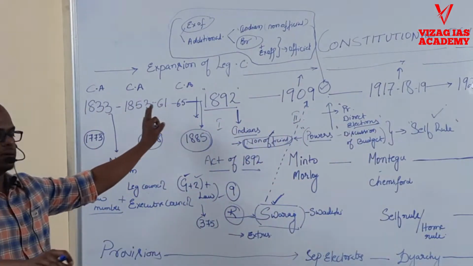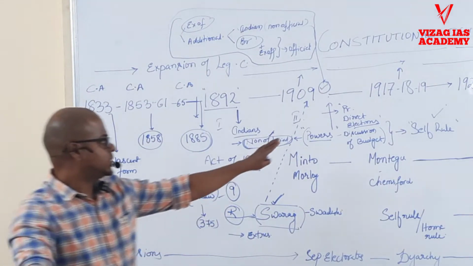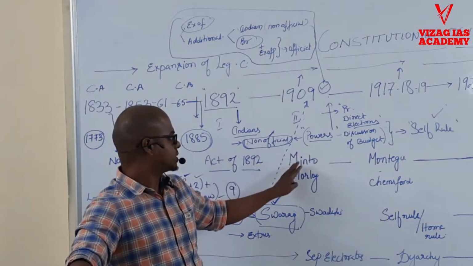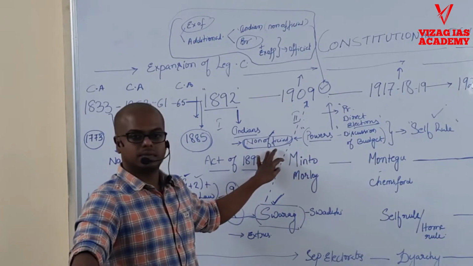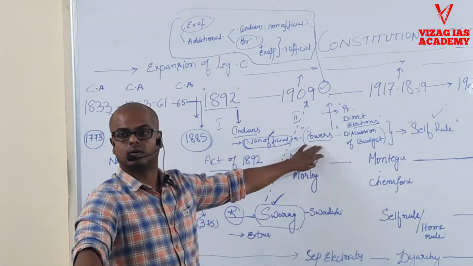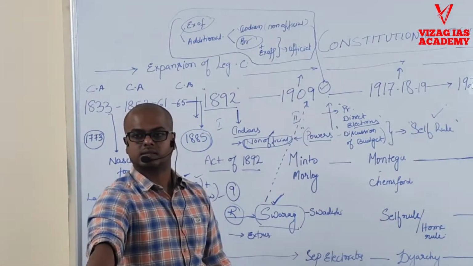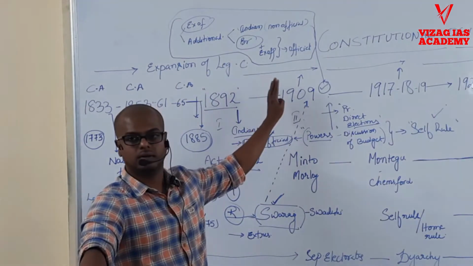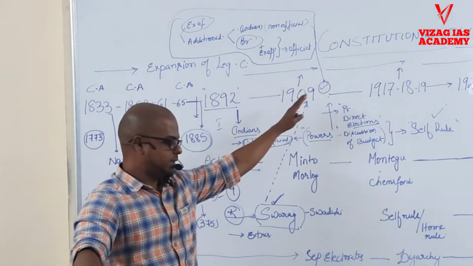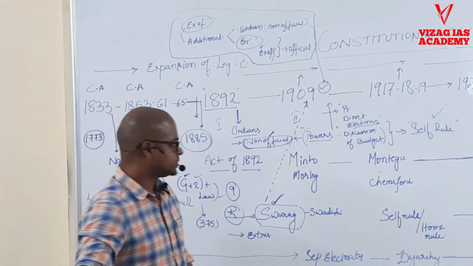So prior to this, it is either indirect elections or through nominations. So here we will see these changes with respect to these three: non-official members increase, certain powers will also be increased for the non-officials or the legislature, and there will be the principle of direct elections. So that is the response, in the constitutional line of development, to the nationalistic response, that is Swadeshi, after the Swadeshi movement.